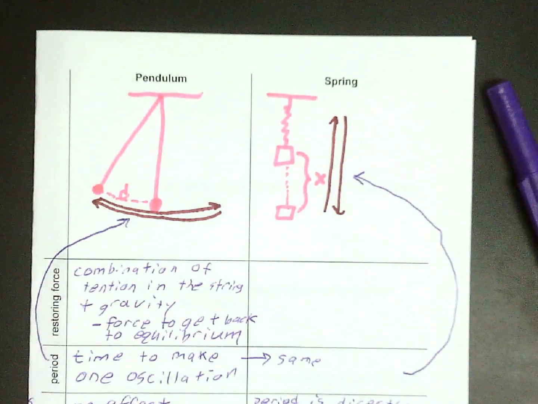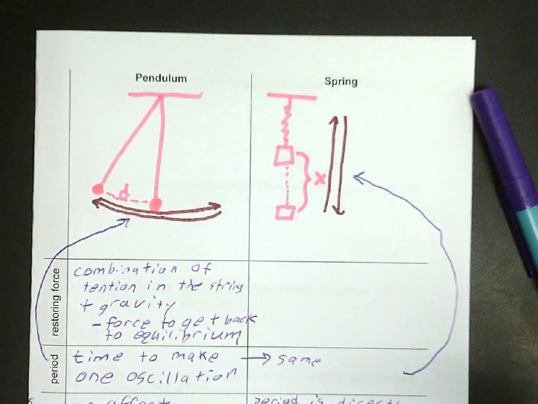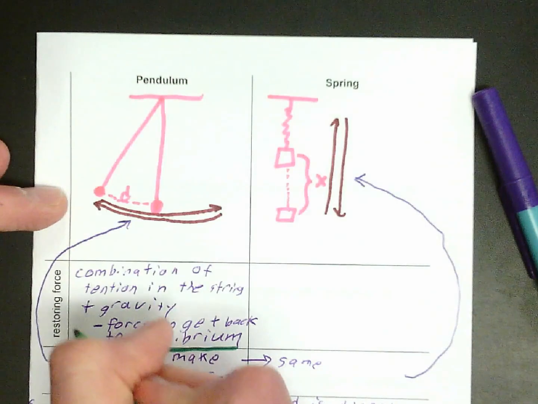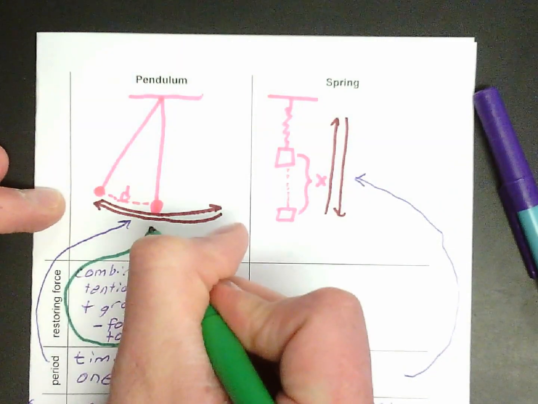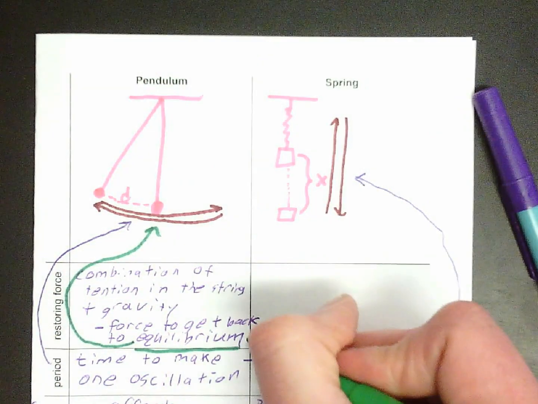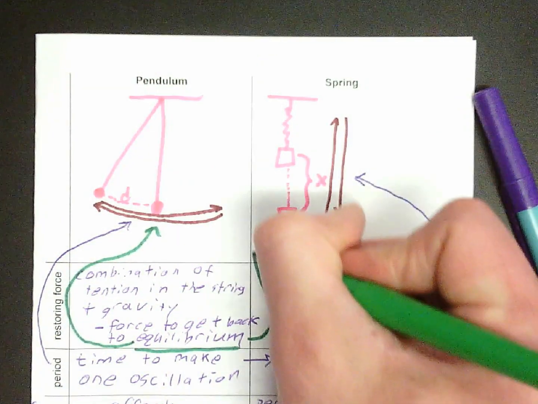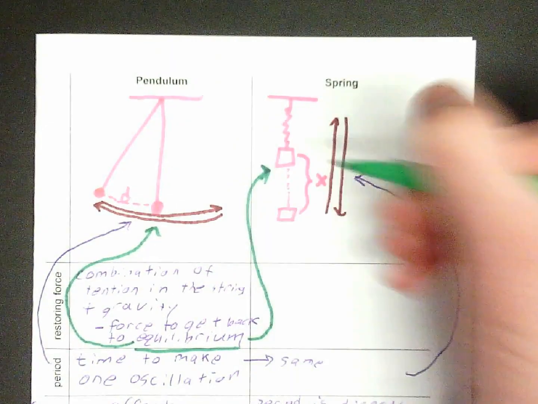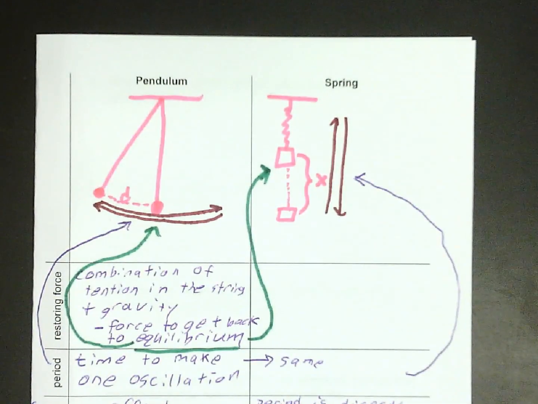And it's probably worth reviewing what equilibrium is. Equilibrium is the beginning, like the neutral point. It's the point where everything is in balance. So think about where it is when nothing else is going on.